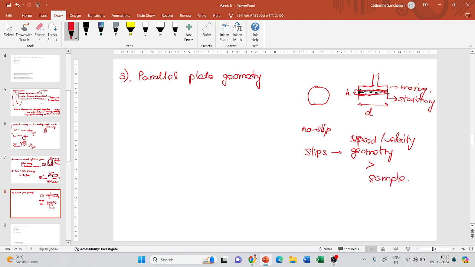Okay, if my sample slips, then the velocity of the sample is not equal to the velocity of the plate. This is at the boundary.